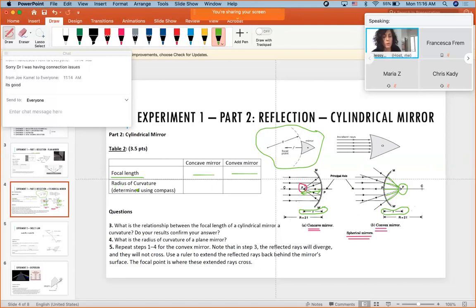The radius of curvature is determined using a compass or any other ruler. So basically, the radius of curvature, you measure it for the concave mirror and for the convex mirror, and then answer your questions.